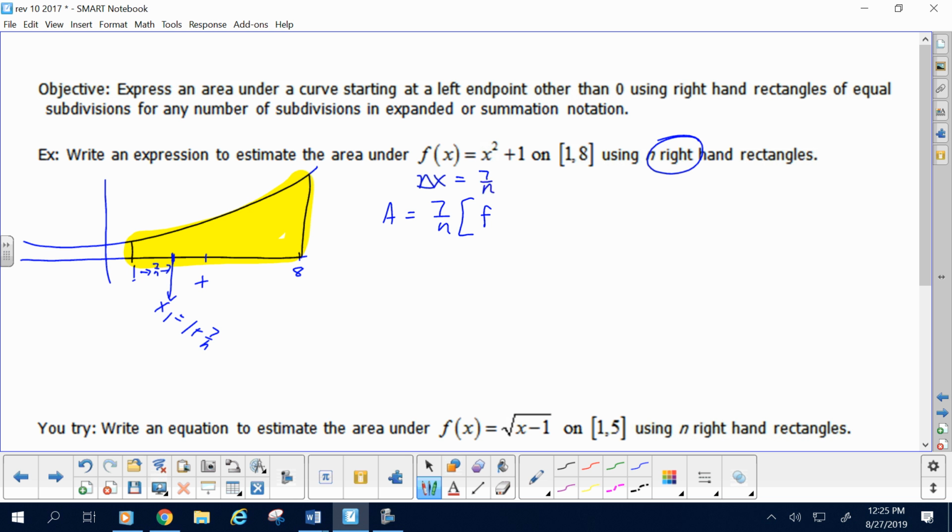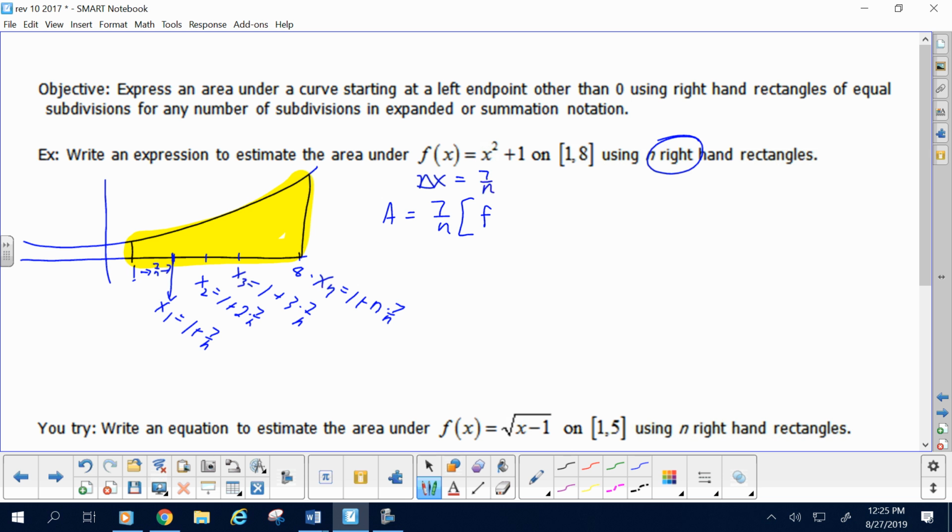What's x2? 1 plus 2 times 7 over n. And then x3, 1 plus 3 times 7 over n's, dot, dot, dot, through the last. The nth x, it said n subdivisions, so we should have an nth x. x of n is 1 plus n times 7 over n's, which is equivalent to 8. 1 plus 7 is 8.